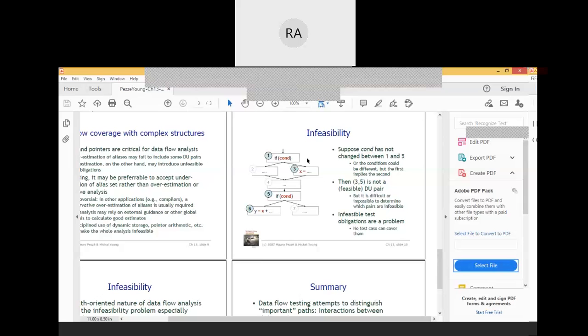Are you all getting? Let me explain with this diagram itself. Let me take a simple example to explain the infeasibility. Suppose at node 5, I have written if x, and at node number 4, x is equal to 4.